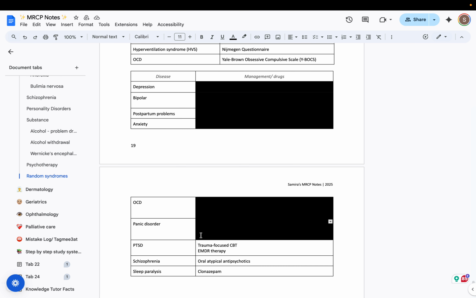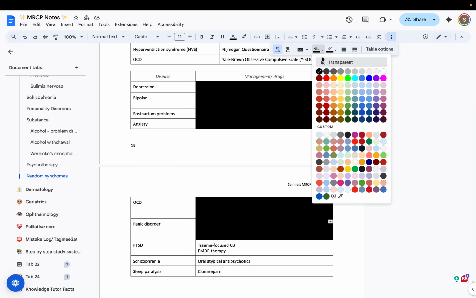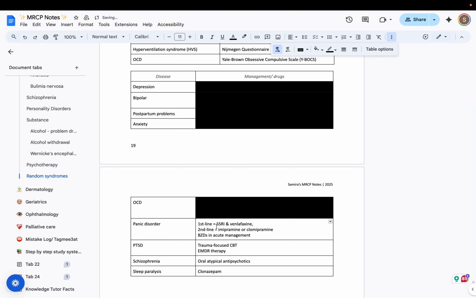Next, panic. So in panic disorder, I believe there's also CBT and SSRI. So sertraline, maybe? No. SSRI and venlafaxine, and then imipramine or clomipramine. And if it's an acute state like a panic attack, we can give benzodiazepine.